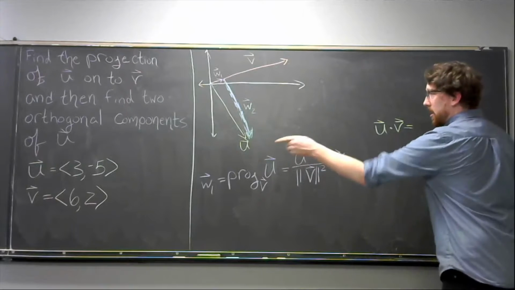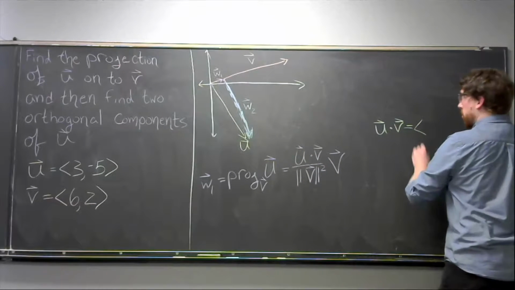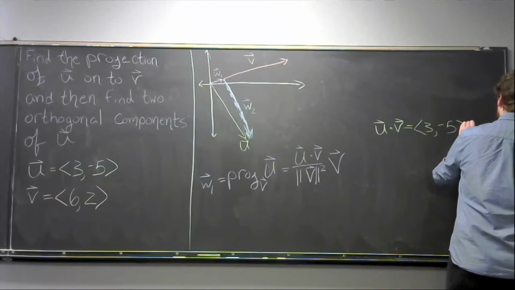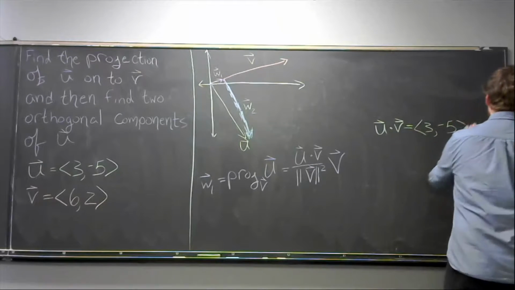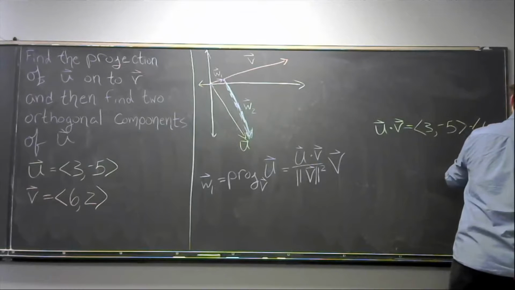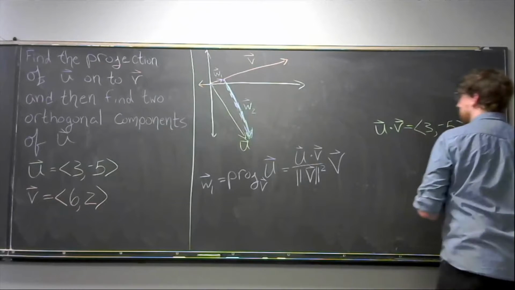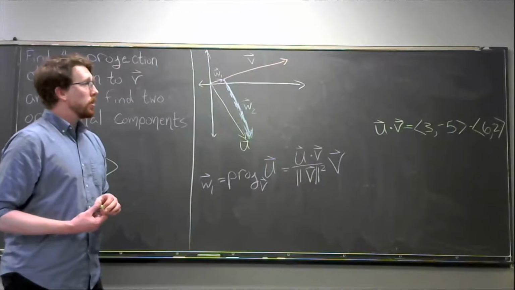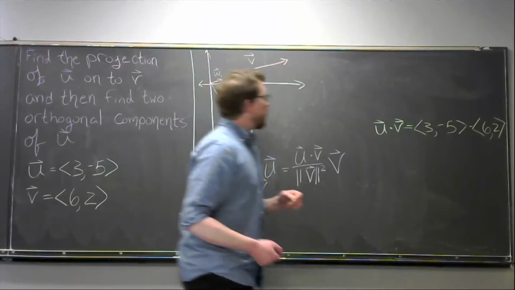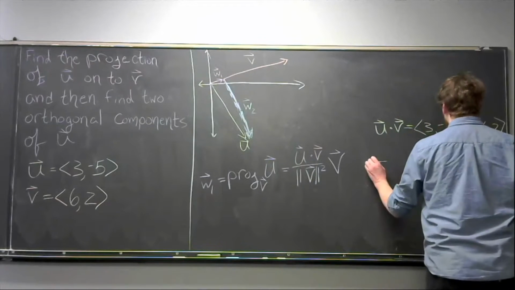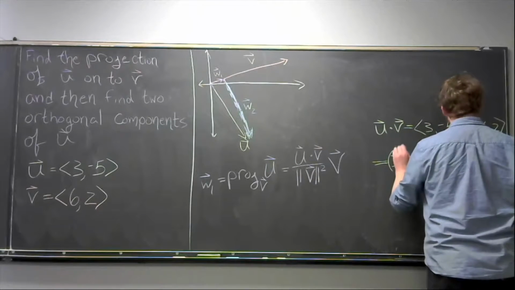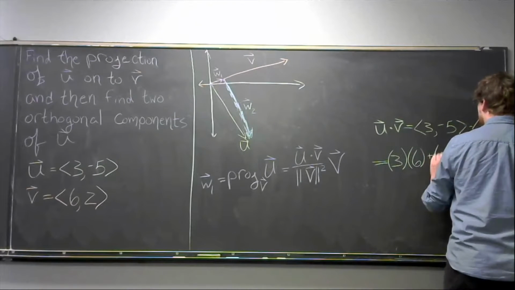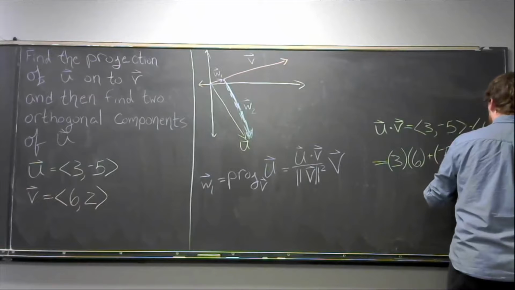Well, u dot v is going to be equal to the vector 3, -5 dot the vector 6, 2. So to do this arithmetic, we've got 3 times 6 plus -5 times 2.